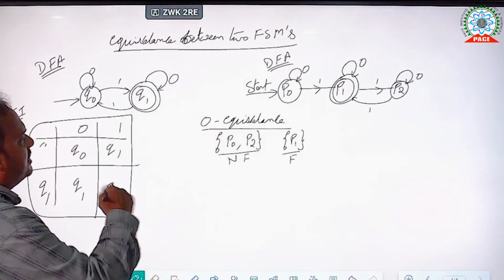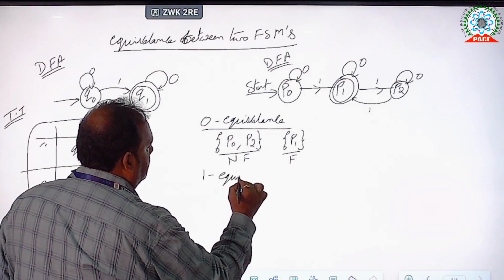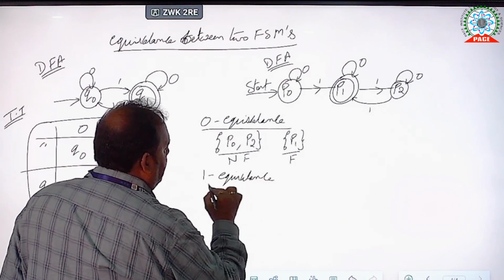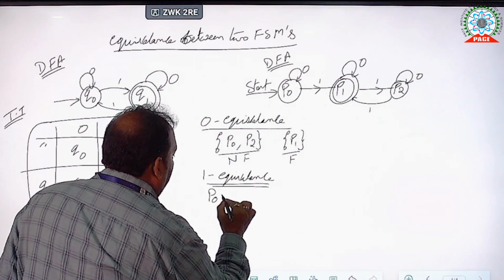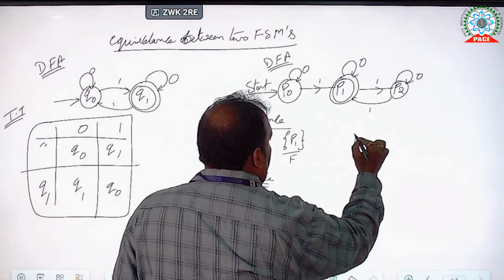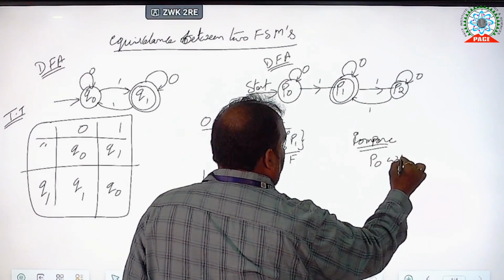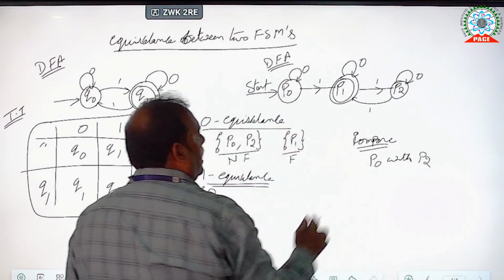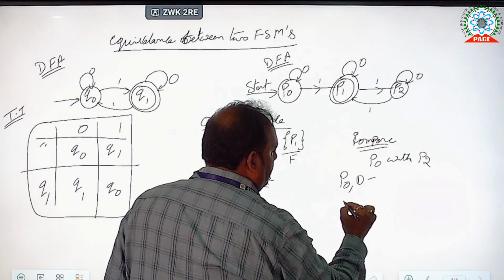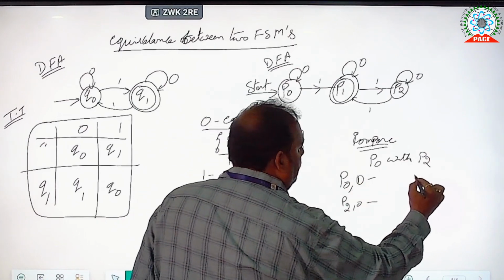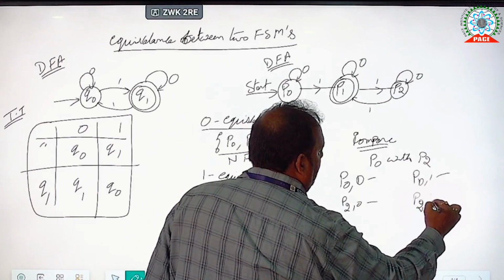one equivalence. Here I want to compare P0 with P2. So I am writing P0 on 0 with P2 on 0, and P0 on 1 with P2 on 1. P0 on the 0 transition reaches the P0 state, and P0 on the 1 transition reaches the P1 state.